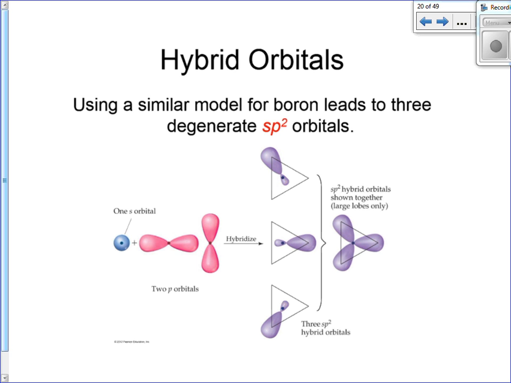So here is your blue S, your two red P's. These are P's. Why did I put an R there? Because I said red. And they are going to blend to make the purple sp2s, forming that hybrid. Okay? And that's based off of the three things attached.